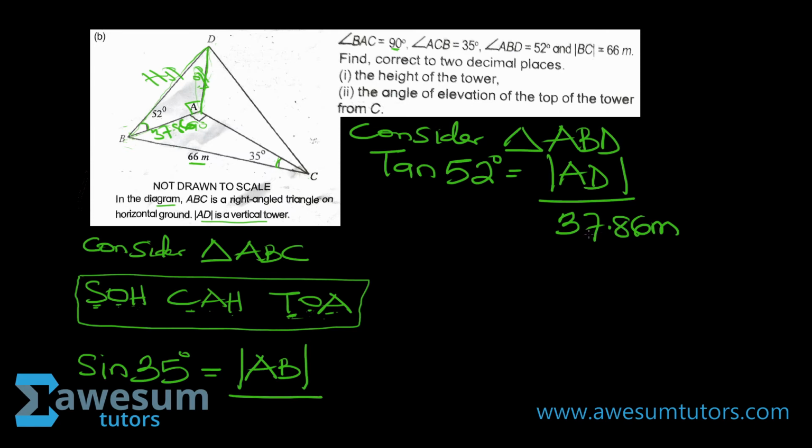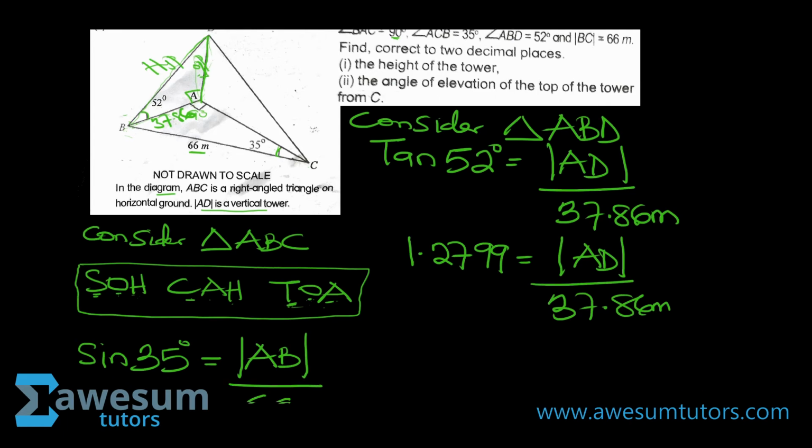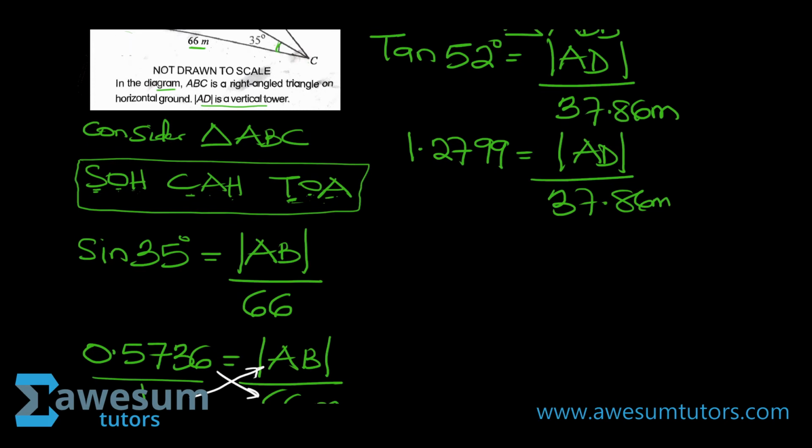Okay, now if you take a look at this, what is tan 52? If you check that in your calculator, tan 52 degrees will give you 1.2799, which equals line AD over 37.86 meters. Remember, we are looking for line AD, and line AD is the height of the tower. Now, this is pretty easy right now.